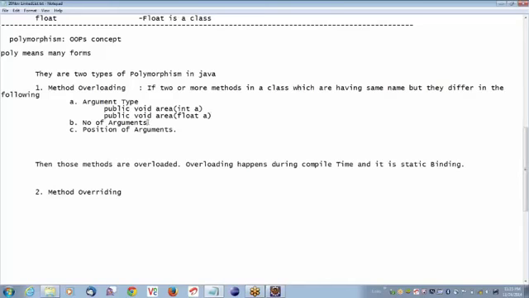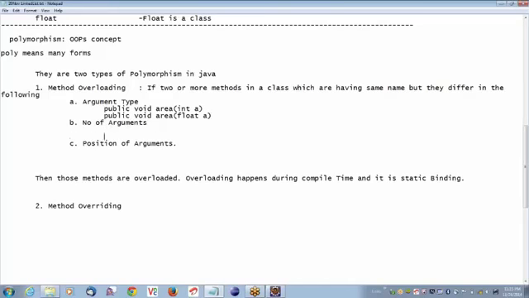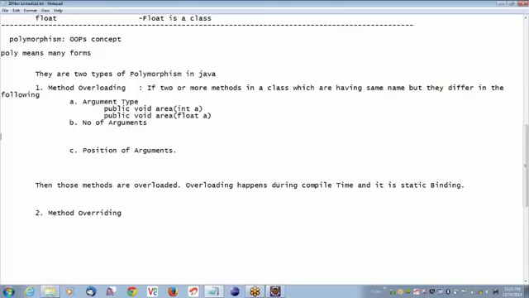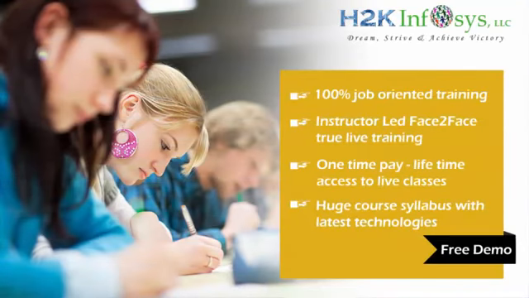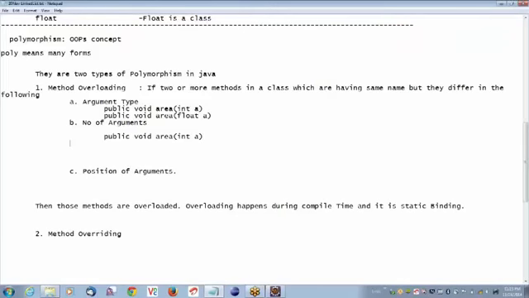Number of arguments: sometimes you write one argument, sometimes you write two arguments. So these two methods differ in the number of arguments.